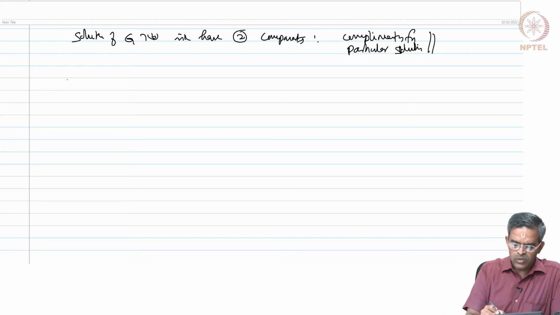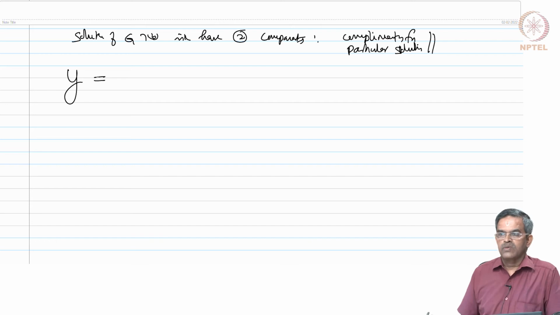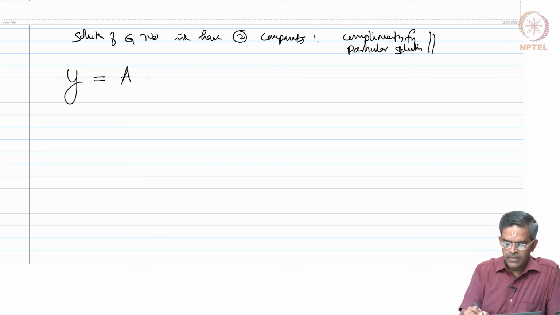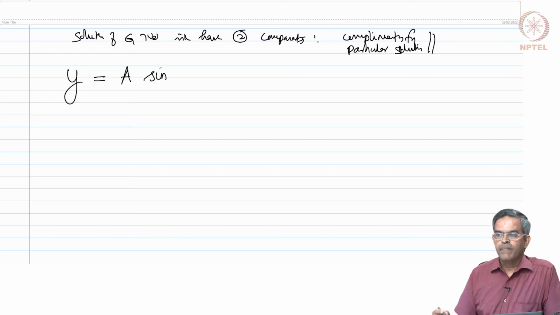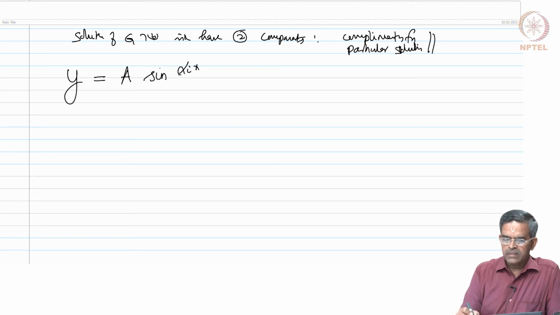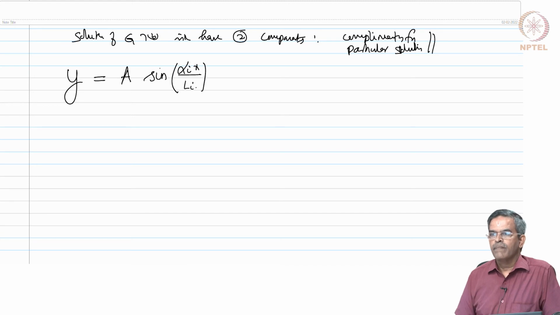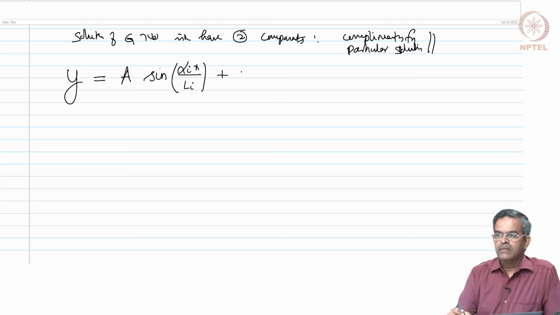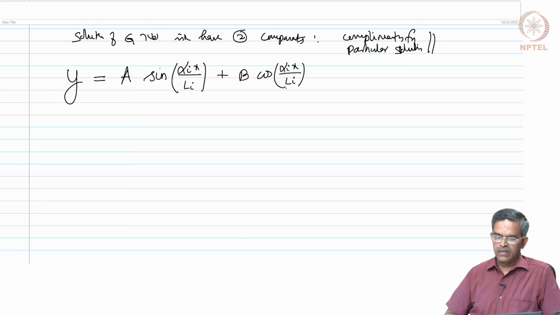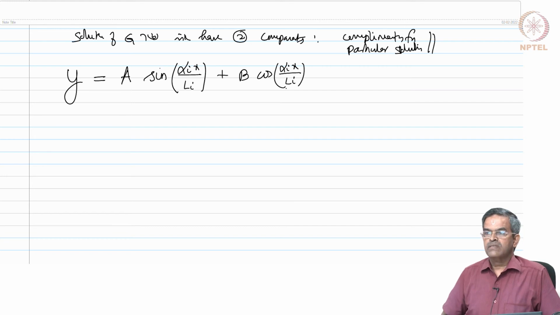So, therefore, now the solution y will be equal to a sin alpha I x by Li plus b cos alpha I x by Li. This is the complementary function.